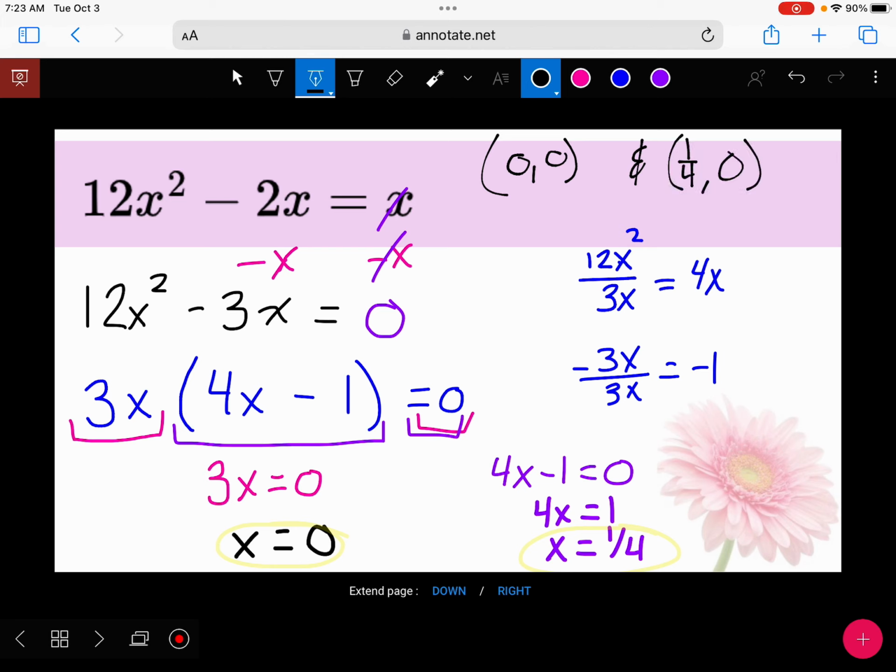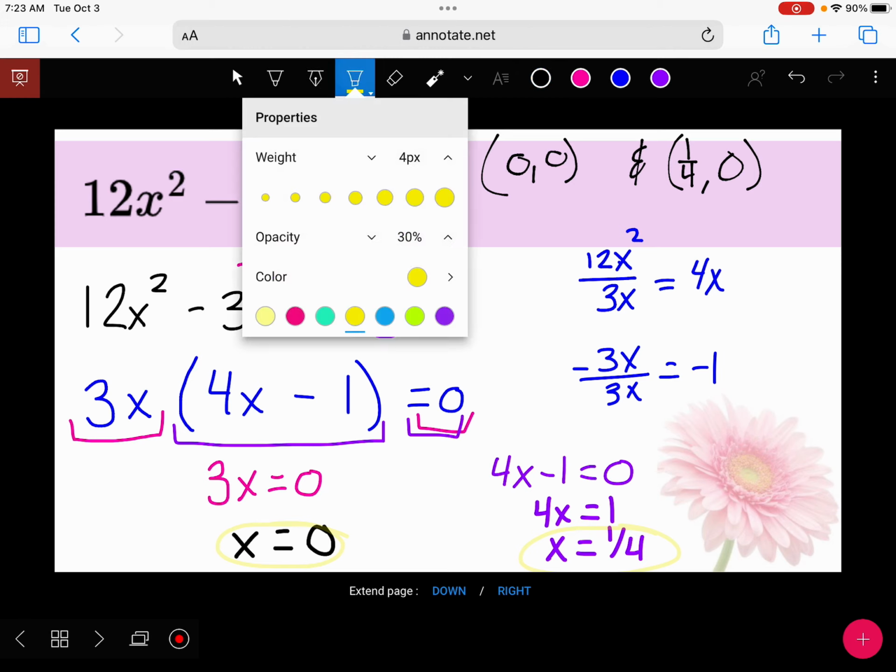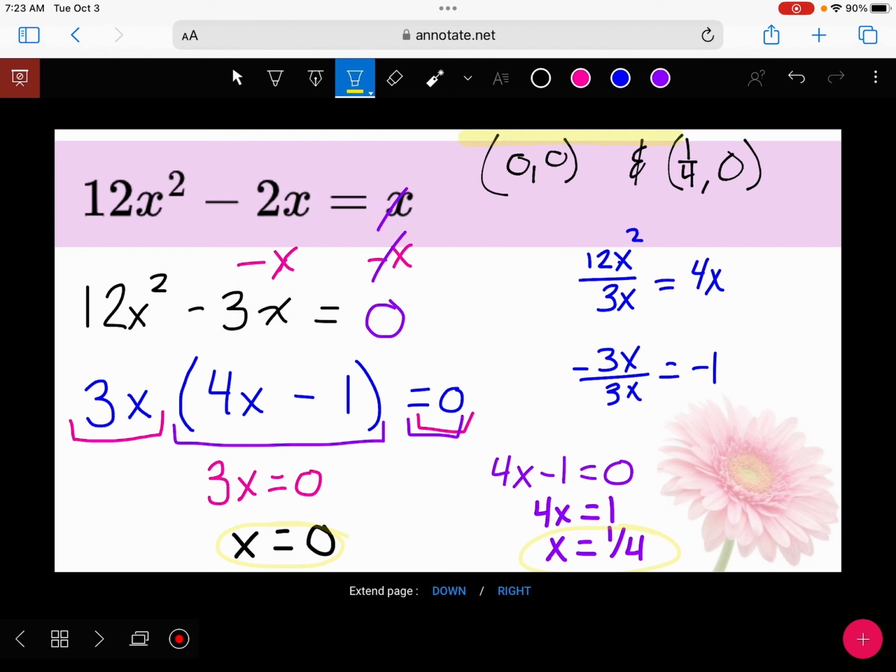Because remember, these are our x-intercepts, our roots, our zeros, our solutions. If you remember that they're x-intercepts, it's easy to write them as ordered pairs, because it's whatever x equals, comma 0. And you have just algebraically solved our first quadratic. These guys are our solutions.